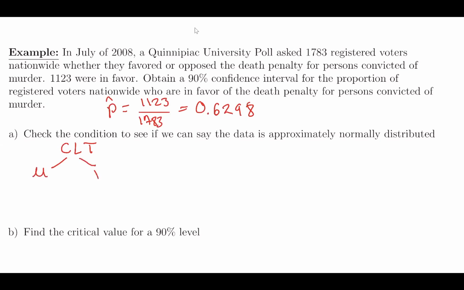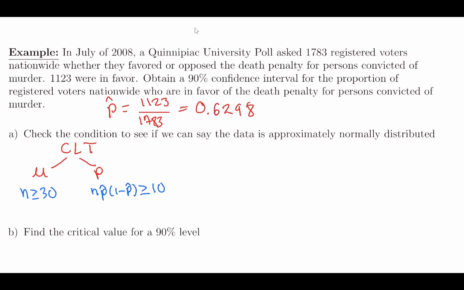One, if we're doing this for the population proportion. If it's for the population mean, we just have to check to see if n is greater than or equal to 30. If it's for the population proportion, we have to do n times p hat times 1 minus p hat and check to see if that's greater than or equal to 10.